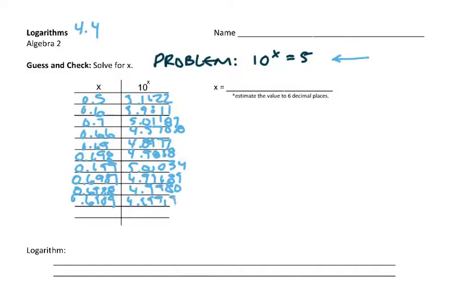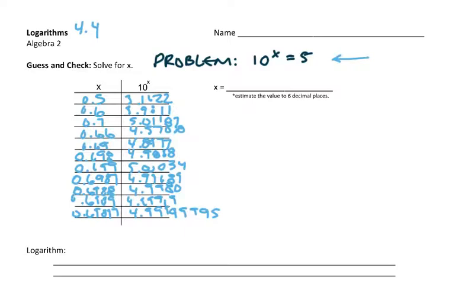That's pretty close to 5. 0.69897 also works. We could get 4.999999. Actually, lots of 9s. How many? 1, 2, 3, 4, 5, 6, 7. And then a 5. I'd say that's pretty darn close.